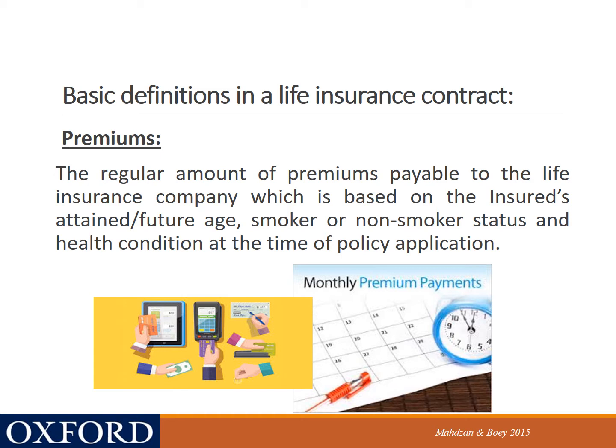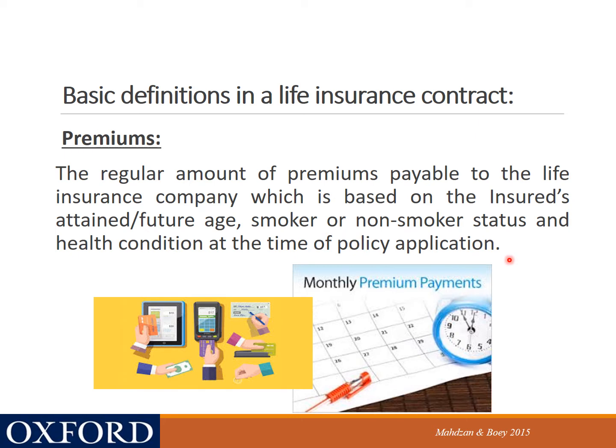It is basically the regular amount payable to the life insurance company, which is based on the insured's attained or future age, whether they are smoker or non-smoker, and what is their health condition at the time of policy application.